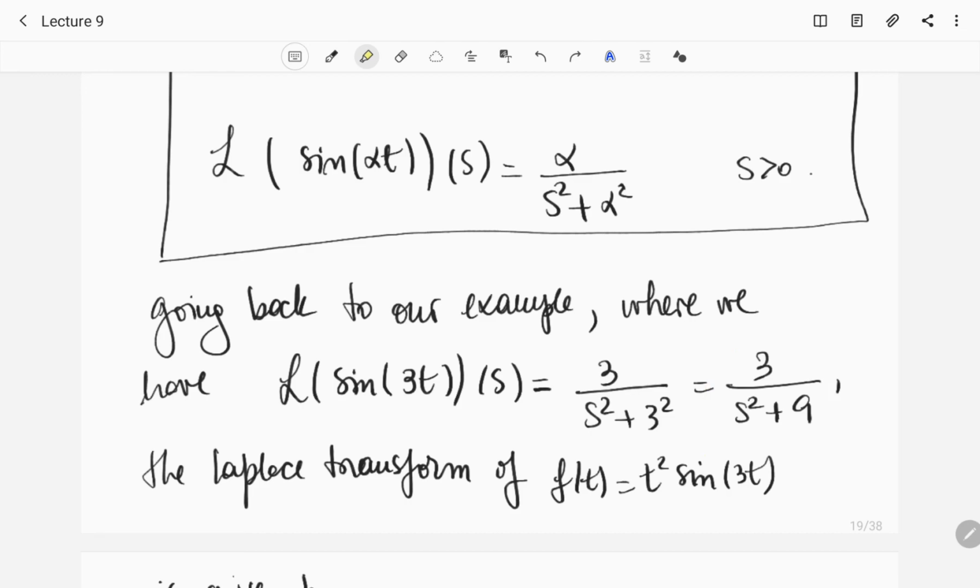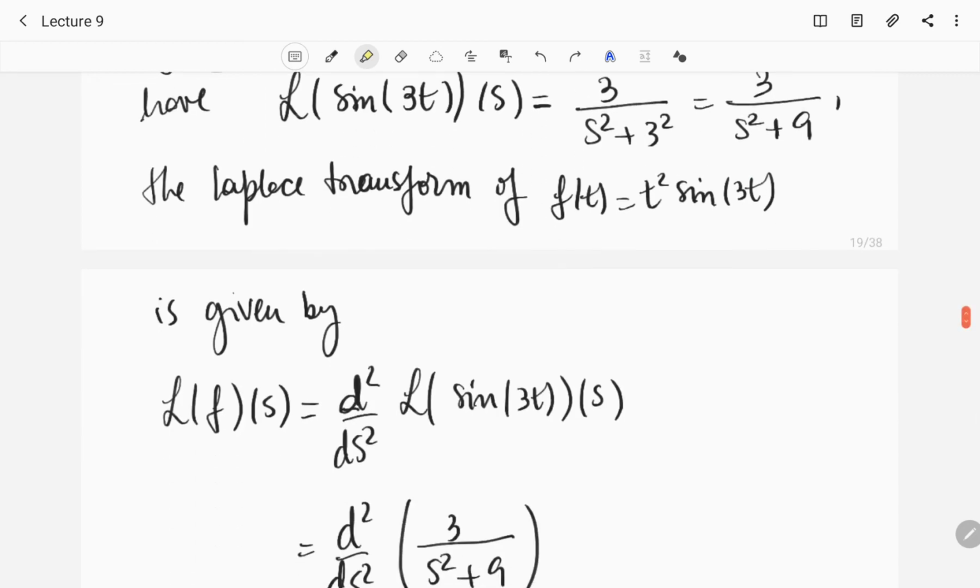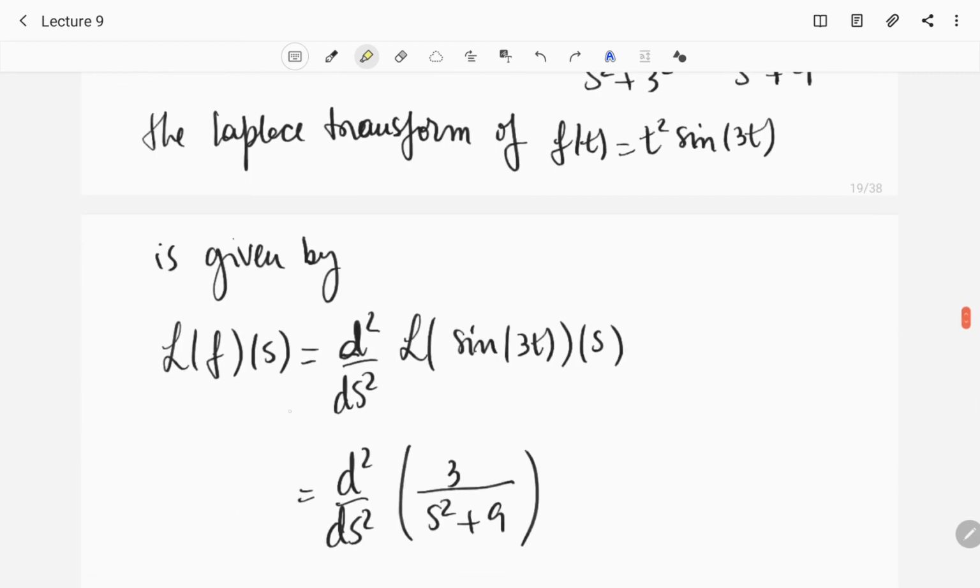And now, remember that this was only a piece of the exercise. We need to compute the Laplace transform of this function t squared times sine of 3t. And using properties, we got that the Laplace transform that we are looking for is the second derivative with respect to s of this Laplace transform.